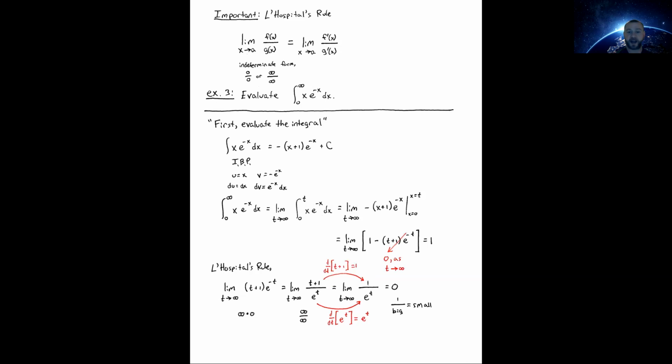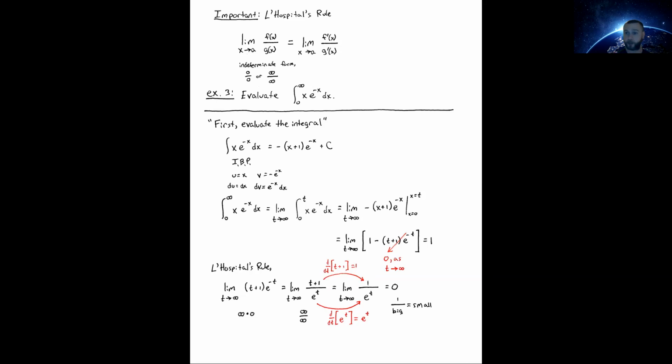All right, now if we use that in the previous step right above there, it is the last part in that limit, the t plus 1 times e to the negative t. L'Hopital's rule showed us that that approaches 0 as t goes to infinity. So this whole thing, that whole limit there, notice there's the 1 in front.